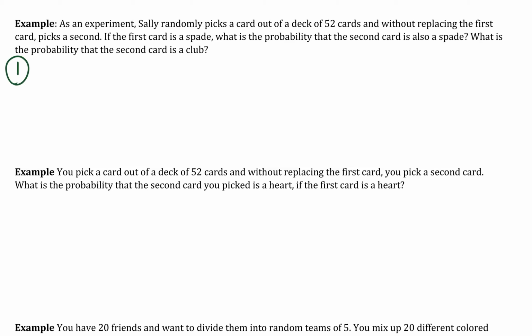Okay, so we're asked about the probability of a spade if we already know that our first draw was a spade. So we want the probability that we draw a spade on the first.